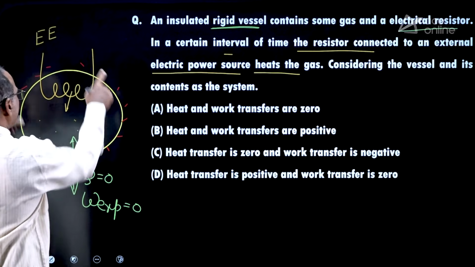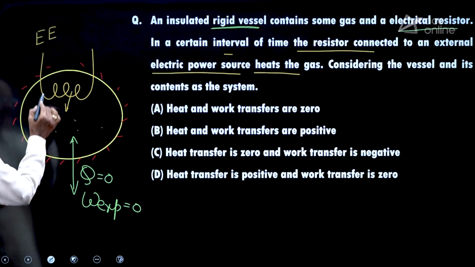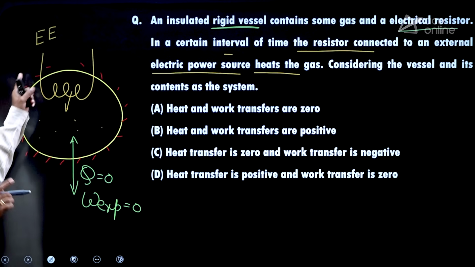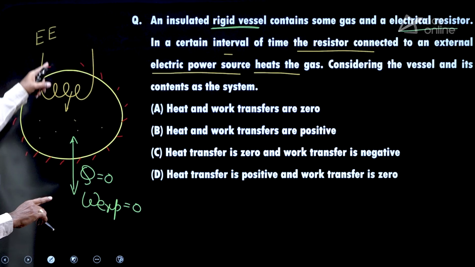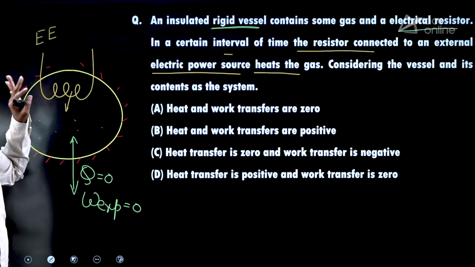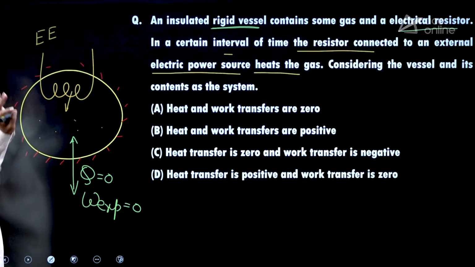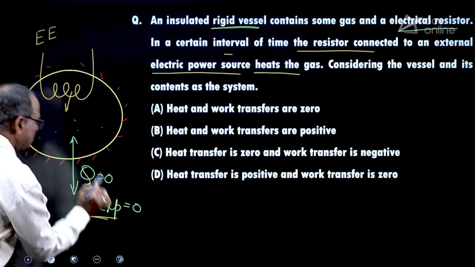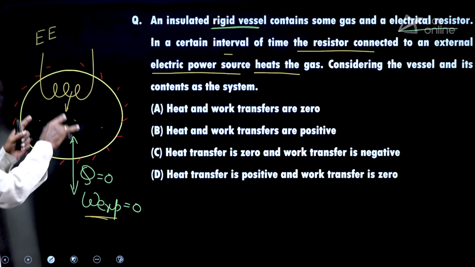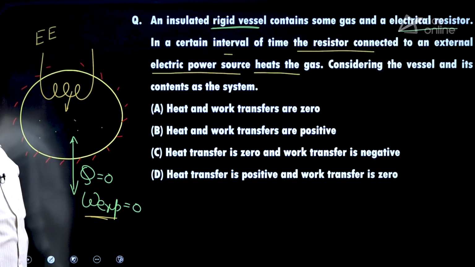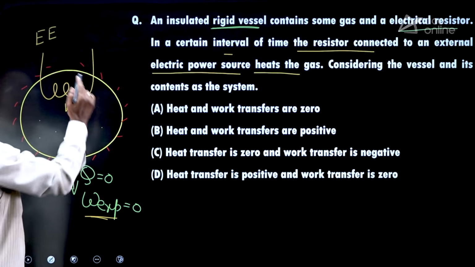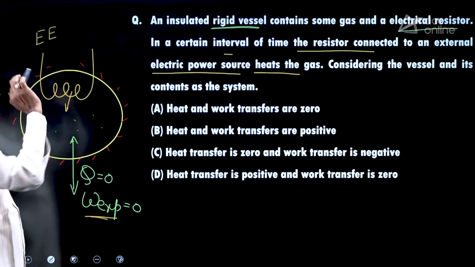Since the container is our system, with respect to the whole container, electrical energy is crossing the boundary of the system, and that electrical energy comes under work energy. Here work is entering into the system. Work entering the system is taken as negative. That means your expansion work or boundary work is 0, but energy is transferring due to electrical voltage potential difference between the system and surroundings.